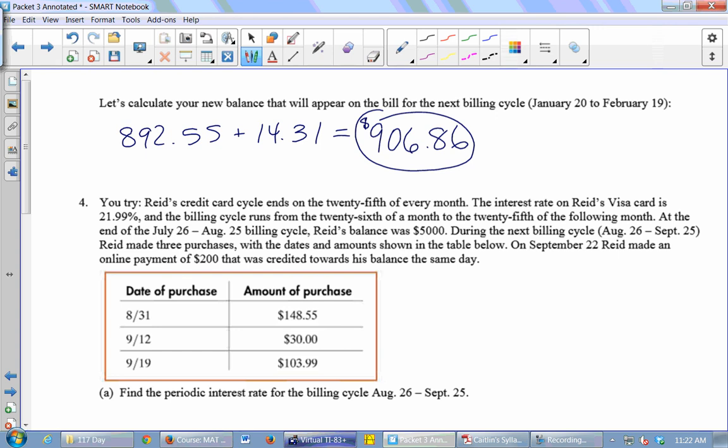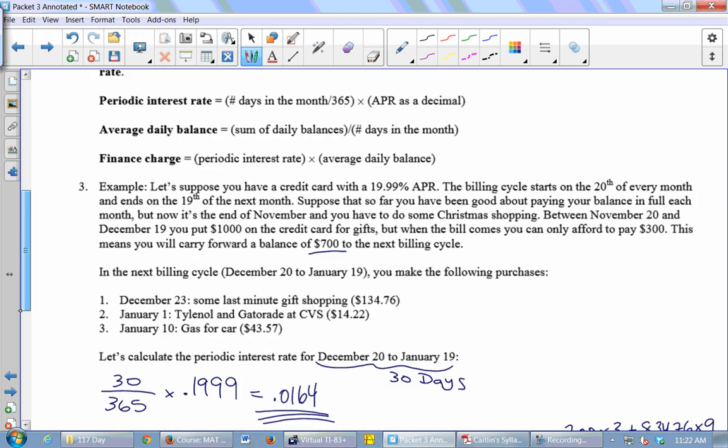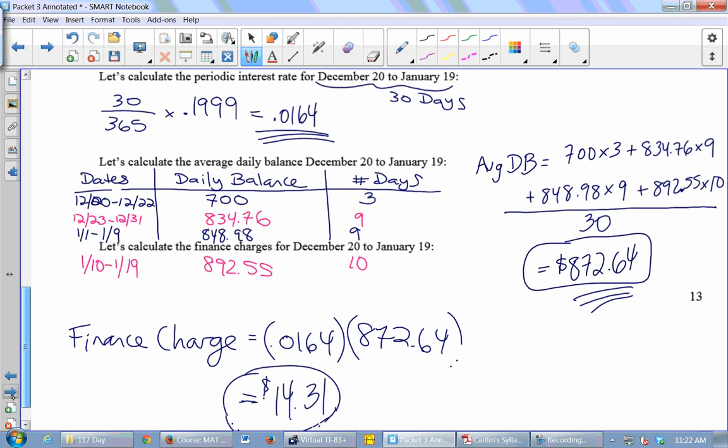Okay, here's one question. Did they... 9 and 9 is 18, and 3 is 21, and 10 is 31. Okay, so December 20th to January 19th. The 20th to the 31st is 12 days.